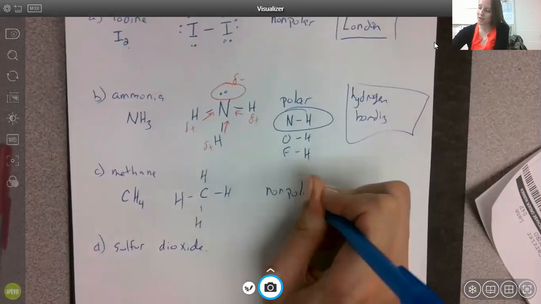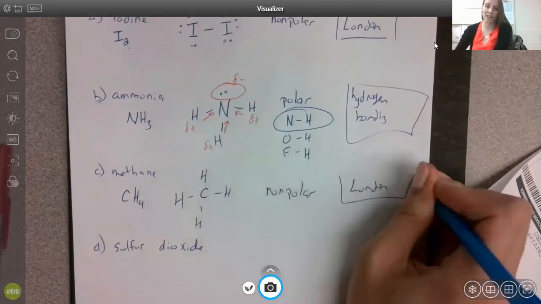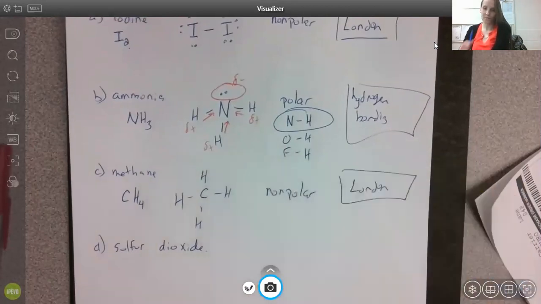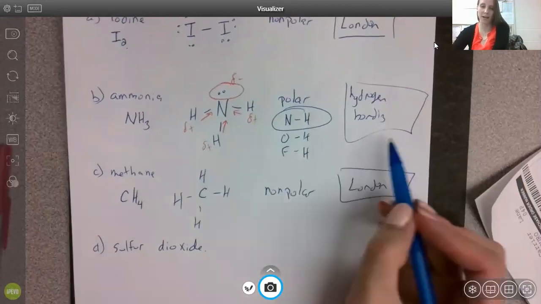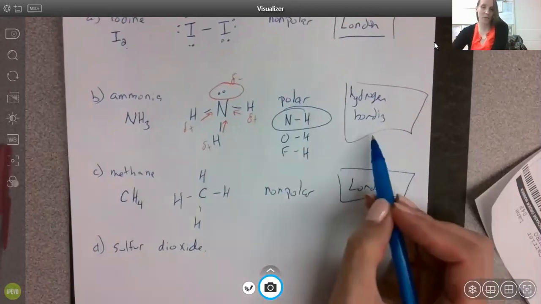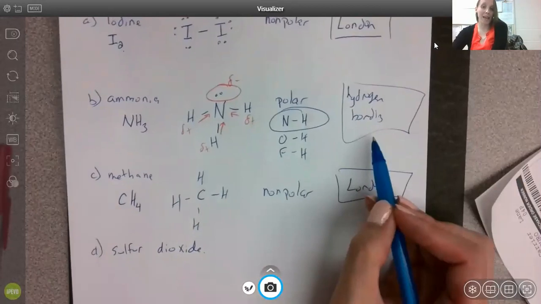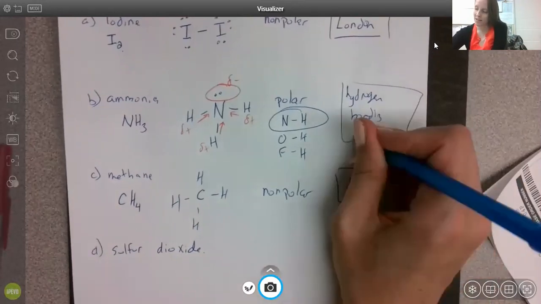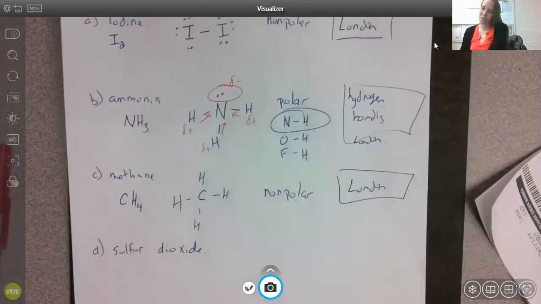So once again, the only thing it can be is London forces. By the way, this ammonia would also have London forces, but it's not going to be the main intermolecular bond, but it would also have a little bit of London too. All molecular substances have a little bit of London. It's just negligible in polar substances.